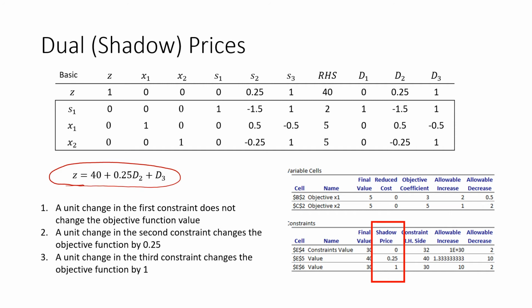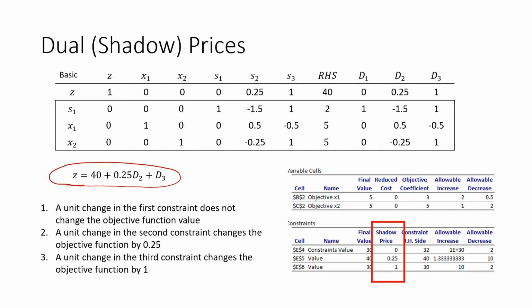What we're looking at is, as we increase our availability of a resource, in other words, as D1, D2, or D3 go up, how does that change the value of our objective function?